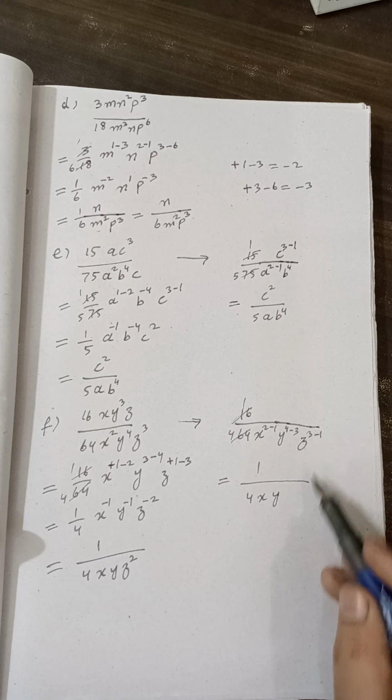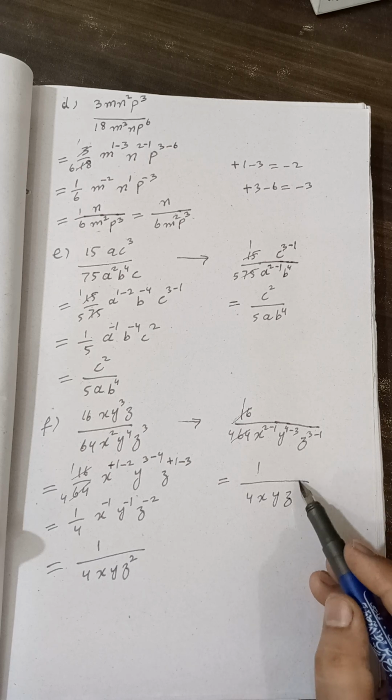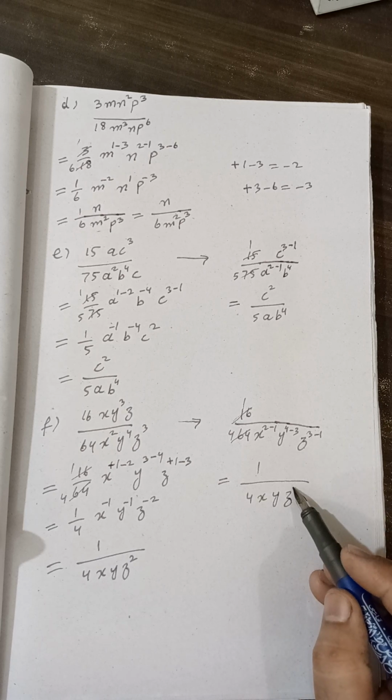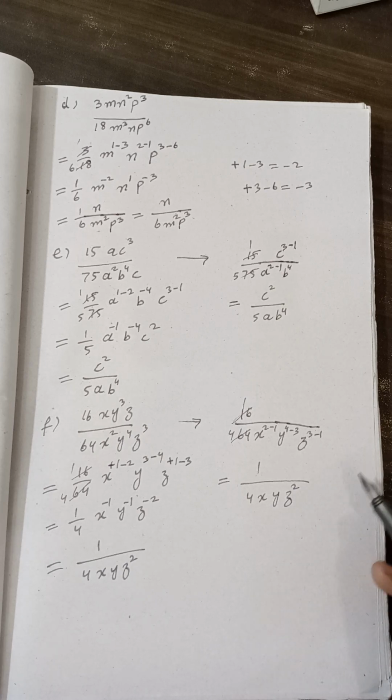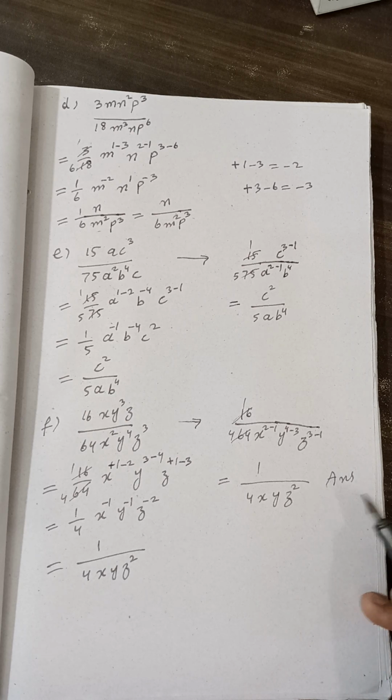And when 1 is subtracted by 3, the answer is 2 here. So this is our answer. Again, you see that it is a more simplified method, but it needs somewhat more thinking. You should think which one will go to the numerator and which one will go to the denominator.